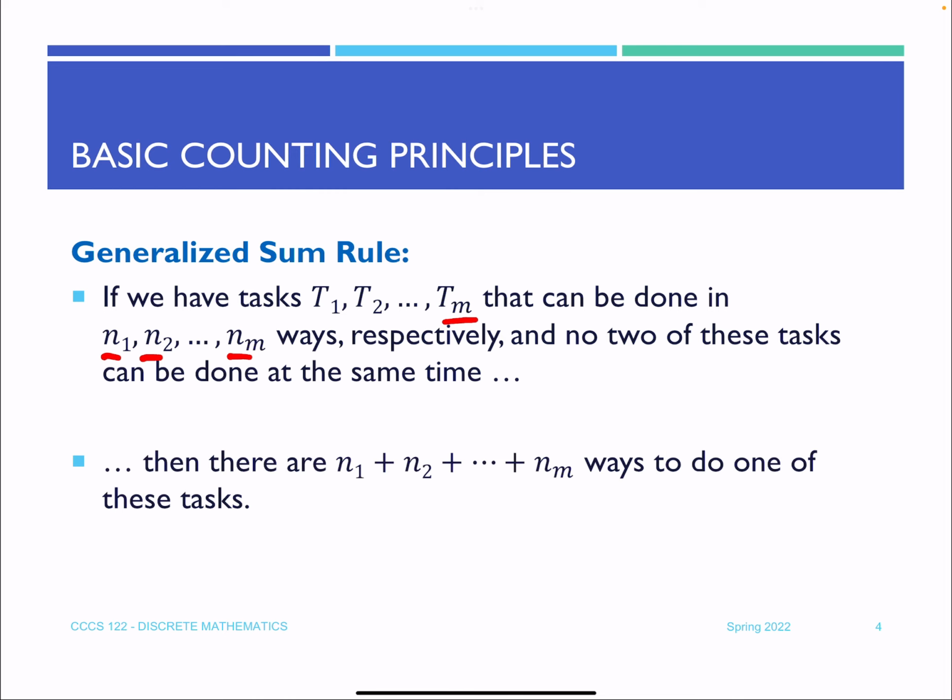That means there are n1 plus n2 plus n3 plus all the way to nm different ways to do any one of these m tasks.